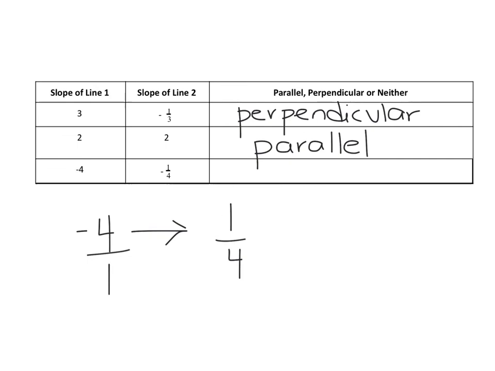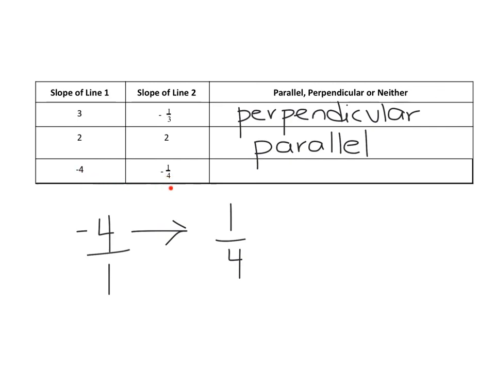So now let's go ahead and compare that to the slope of line number 2. So we got a negative reciprocal of positive 1 over 4. However, the slope of line 2 is a negative 1 over 4. So negative 4 and negative 1 over 4, those are not negative reciprocals.